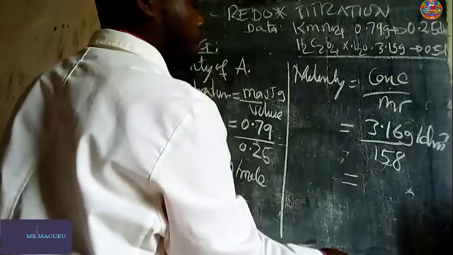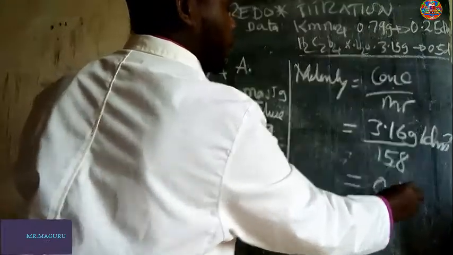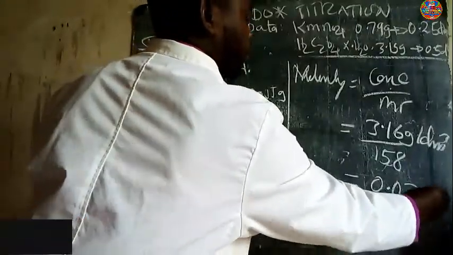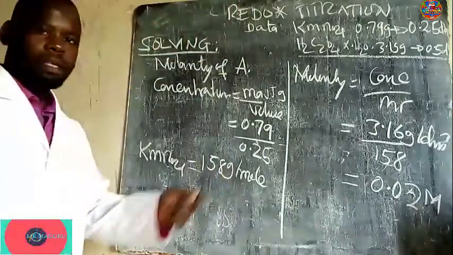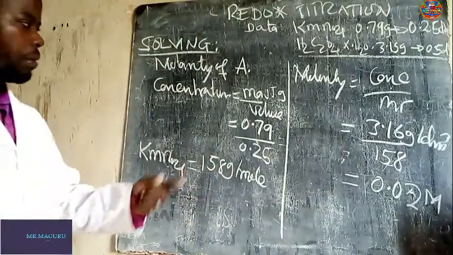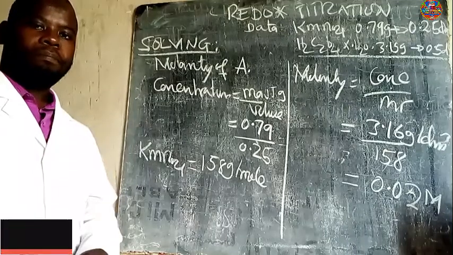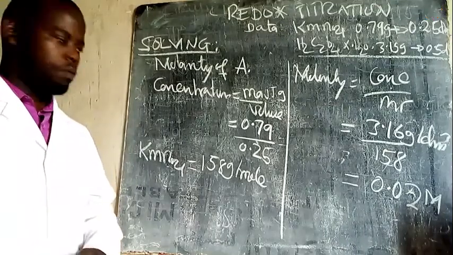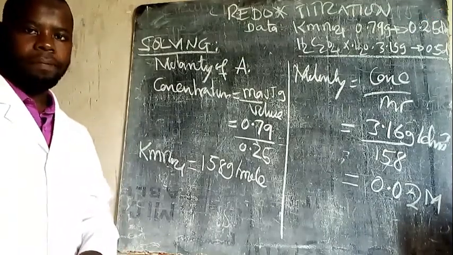The answer will be 0.02. That is the molarity of potassium permanganate, solution A.